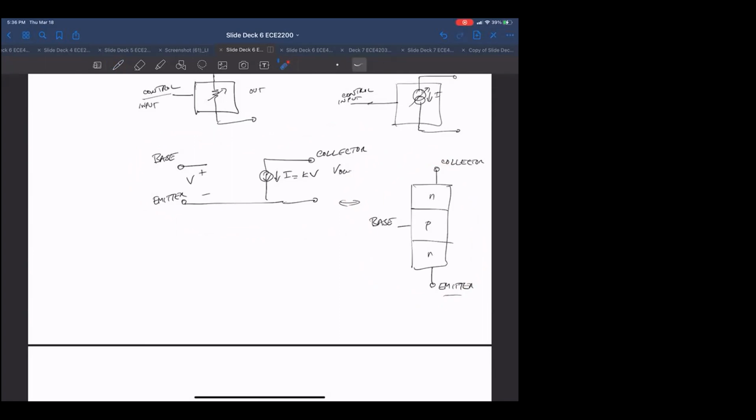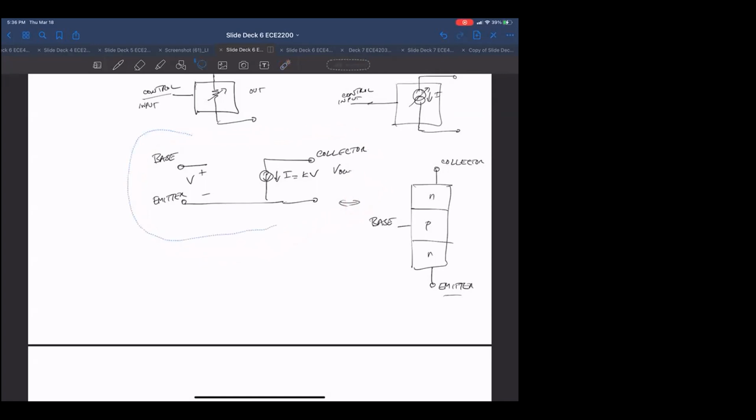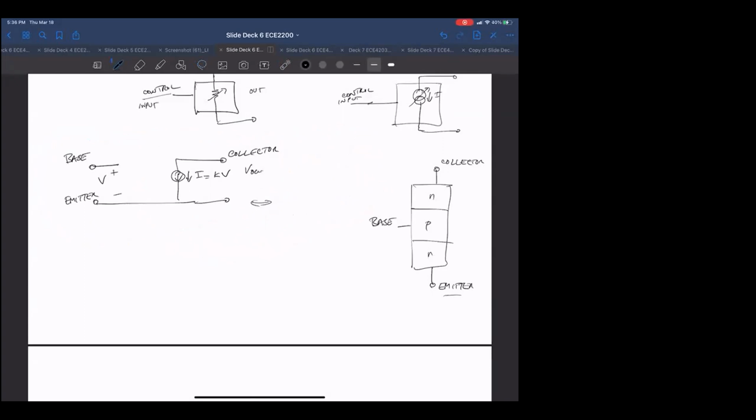The other way you can look at it is that this model is only valid under a very specific operating condition for this device. That is to make the voltage from the base to the emitter positive, typically 0.8 volts, and also have a positive voltage from the collector to the emitter at the same time of 1 volt, say, or more.